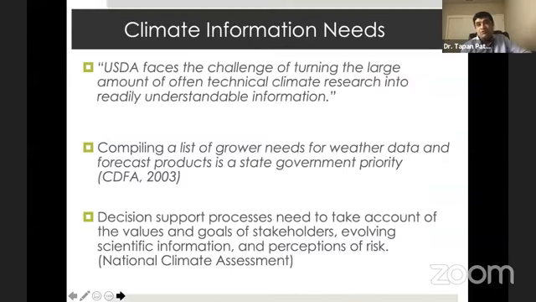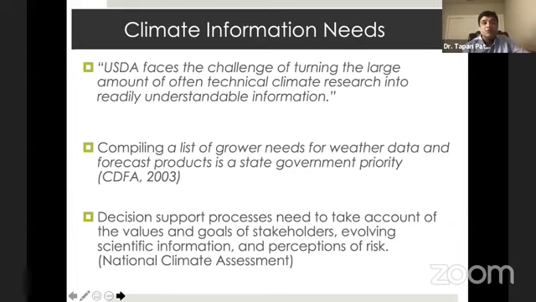The big challenge is how we can use that data in a decision-making process. The US Department of Agriculture reported in one of their publications that they are facing this challenge of translating that data into readily understandable information. That's the same priority for California through the California Department of Food and Agriculture.